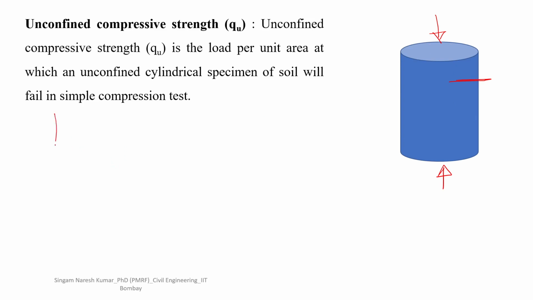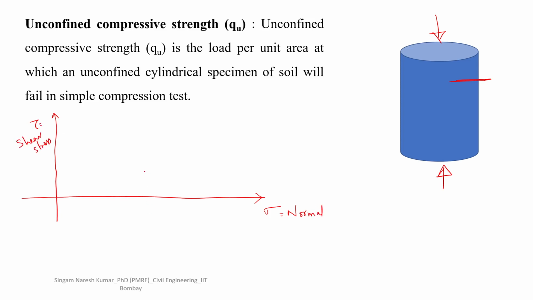Along with that, we will discuss the concept of the Mohr circle also. What are the axes for the Mohr circle? This is sigma and this is tau, where sigma is normal stress and tau is shear stress.